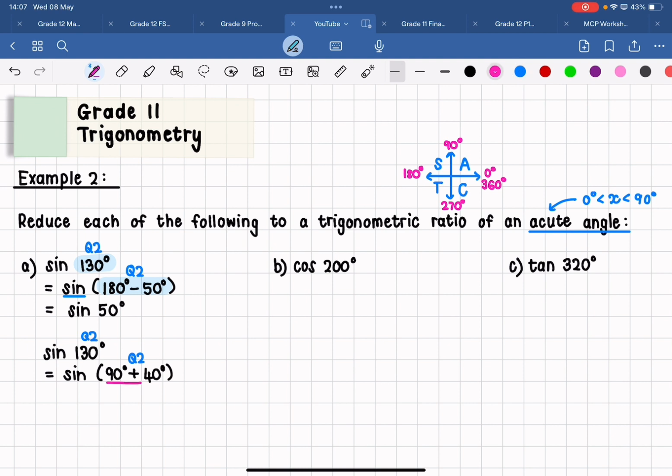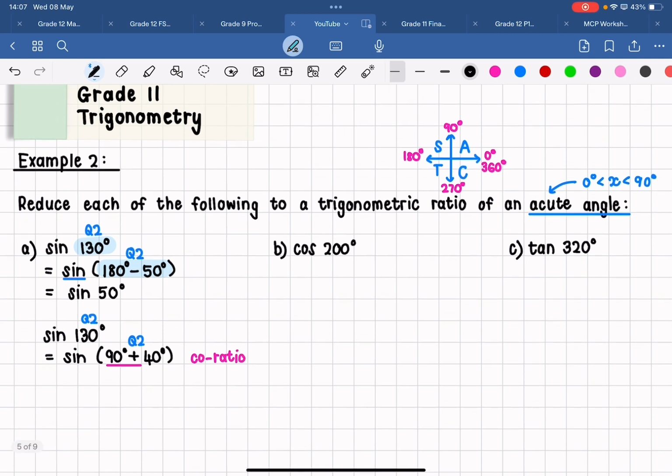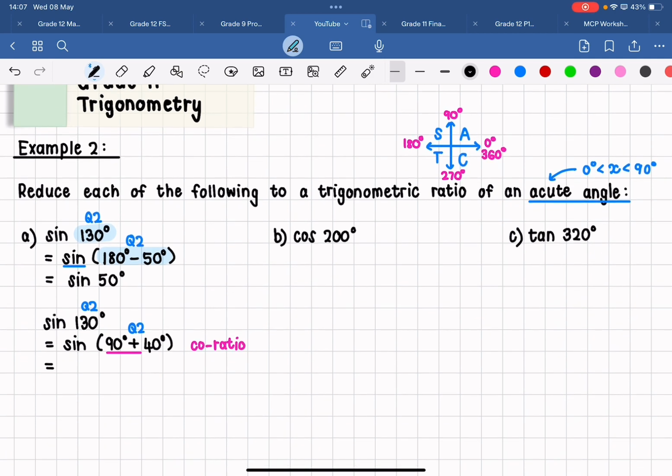Remember, when you are working with a 90 plus or 90 minus, you need to use the co-ratio. So when I use my reduction formula, I am not allowed to reduce this to sine of 40. I am instead going to change the sine to cos. Again, remember those two values need to be equal to each other.